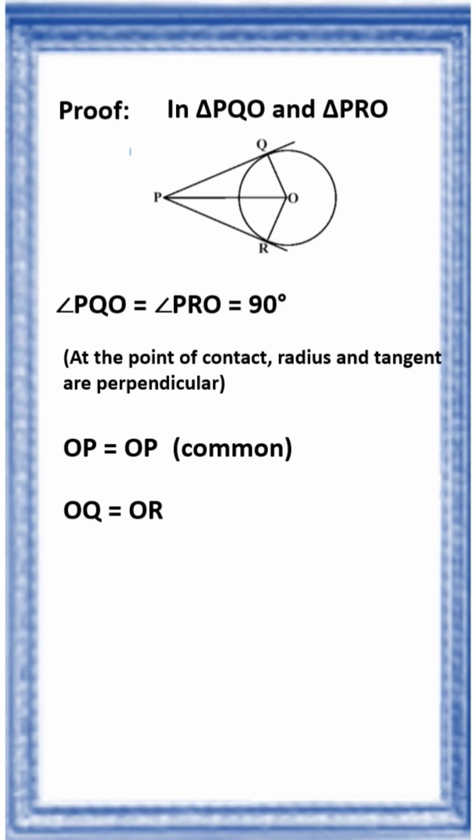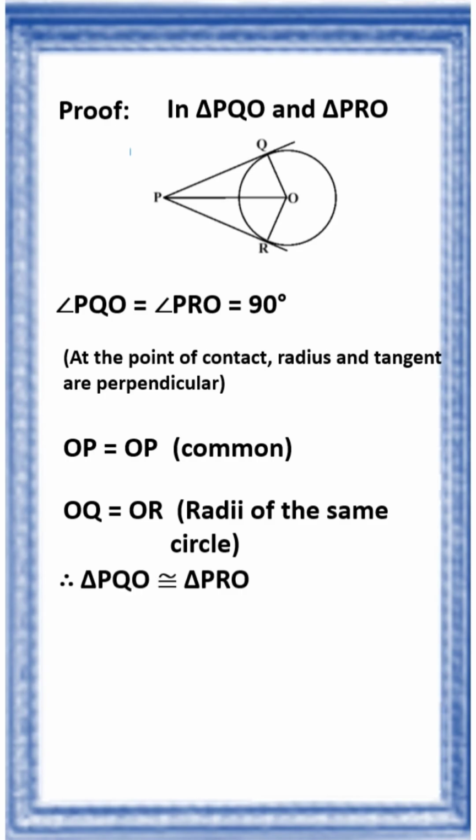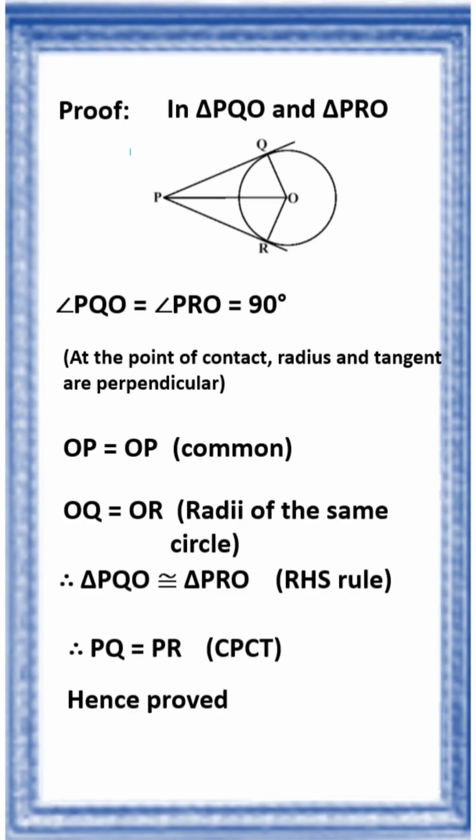OQ is equal to OR, radii of the same circle. So triangle PQO is congruent to triangle PRO by the RHS rule. So PQ is equal to PR, corresponding parts of congruent triangles. Hence proved.